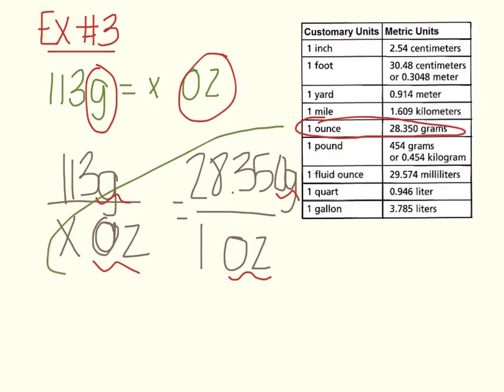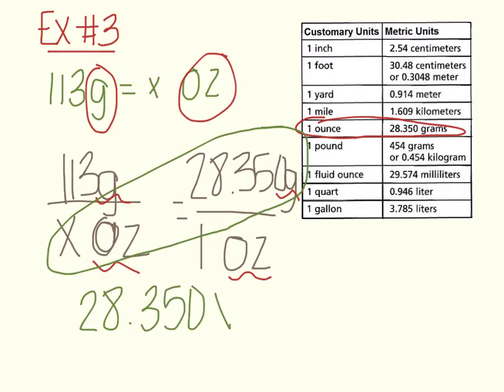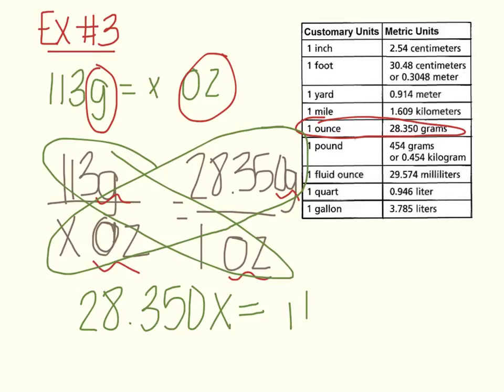So 28.350 grams times X just becomes 28.350 X equals 113 times 1, which is just 113. Now we have to get X by itself.